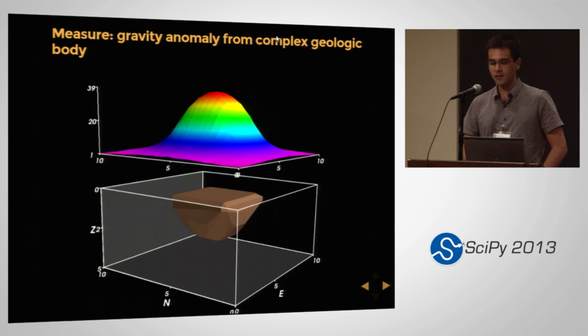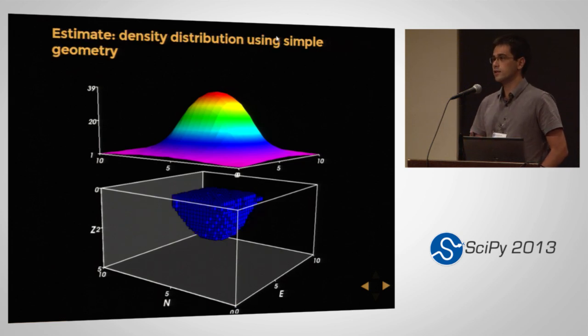And so the idea then is, how do we go from the gravity anomaly to try to estimate a density distribution? The way we do that usually is we substitute a complex geometry by a simple geometry. In this case, I used rectangular prisms, and we try to run an inverse problem to determine the density structure.